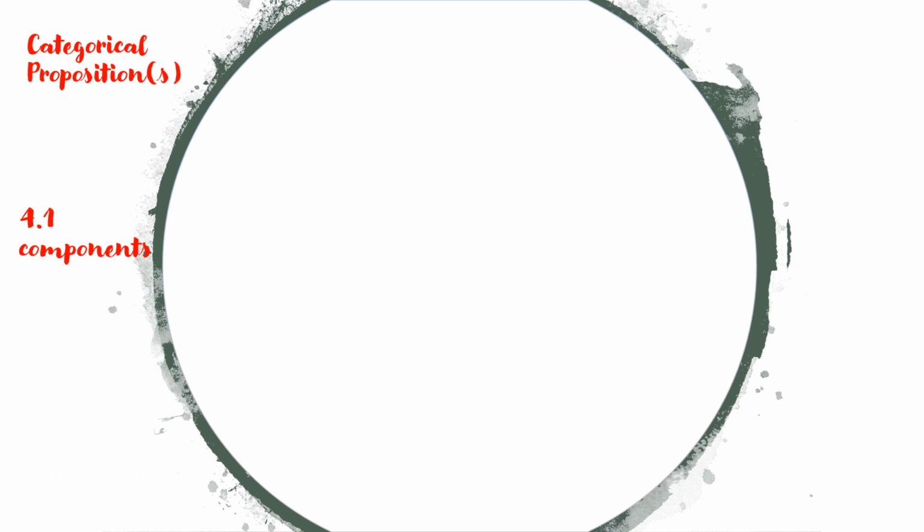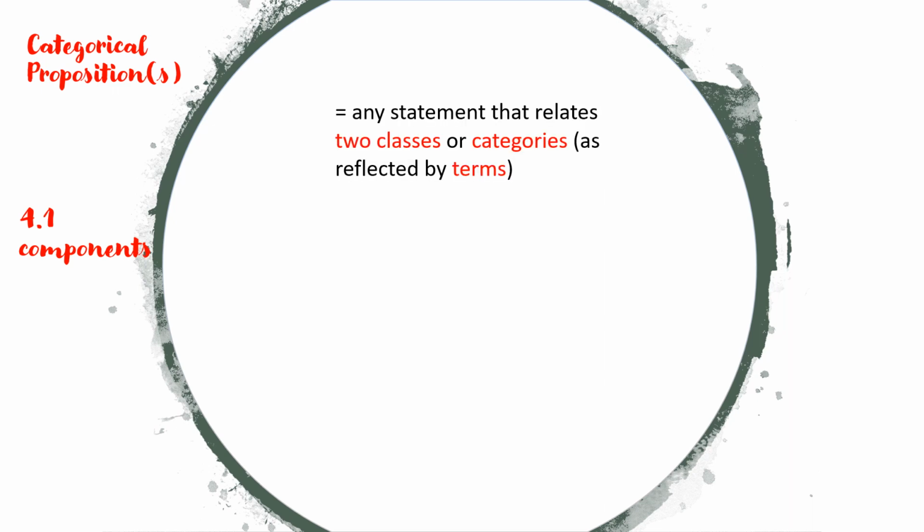So what we have here in 4.1 is a discussion on the components and perhaps the nature of a categorical proposition. This is not a new thing to us because we've known this already back in the previous slides and even in our previous discussions or meetings. So a proposition is any statement that relates to classes or categories as reflected by terms. And I think by now we already know the nuances of these names, right?